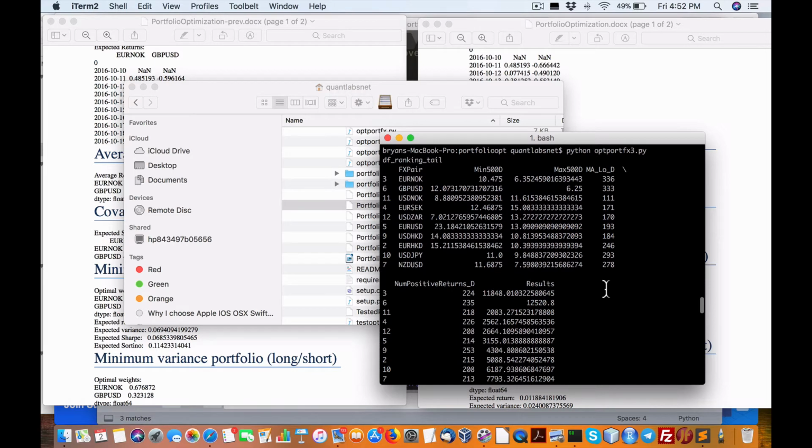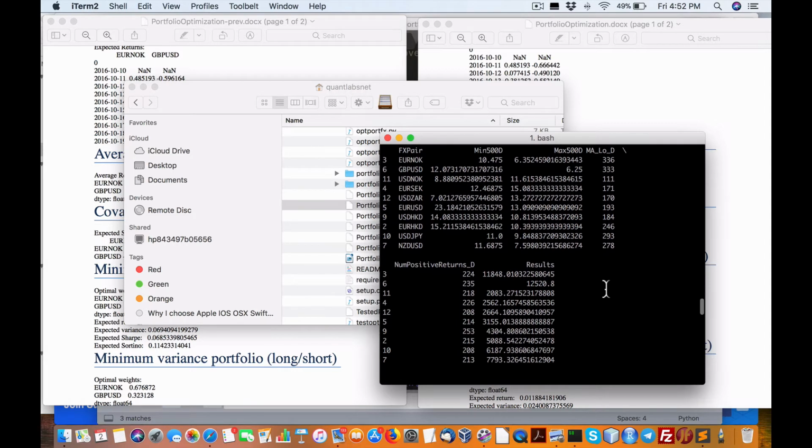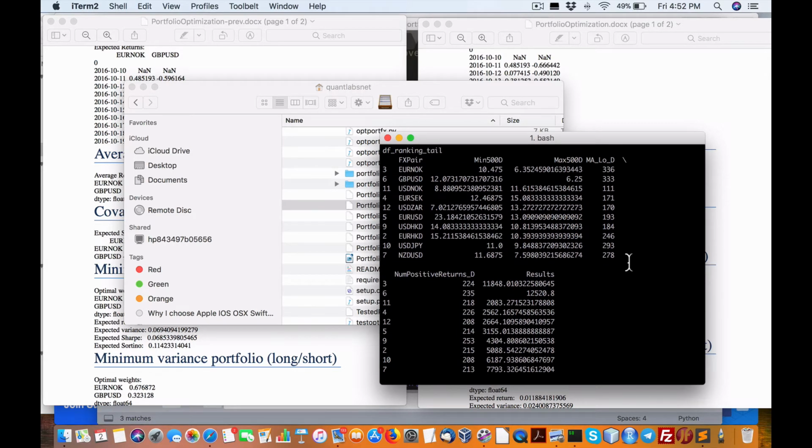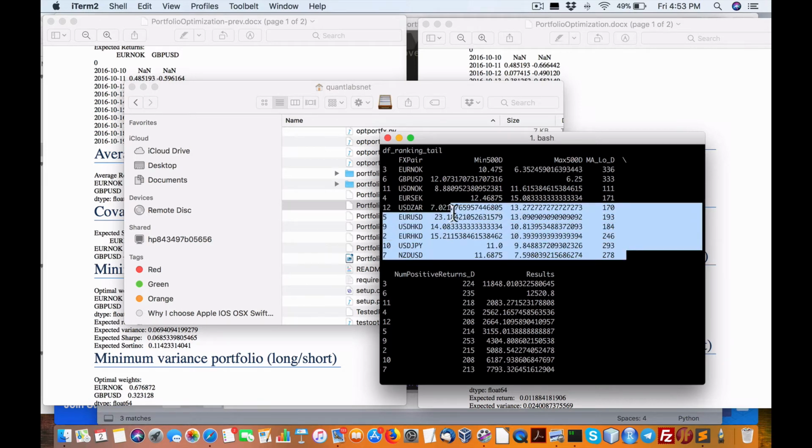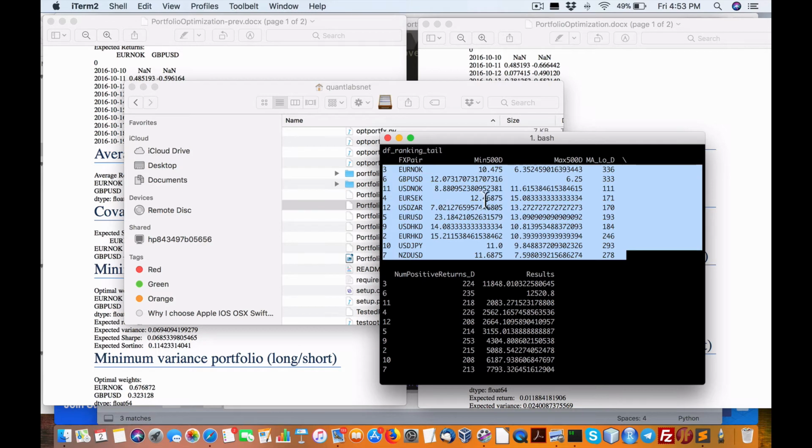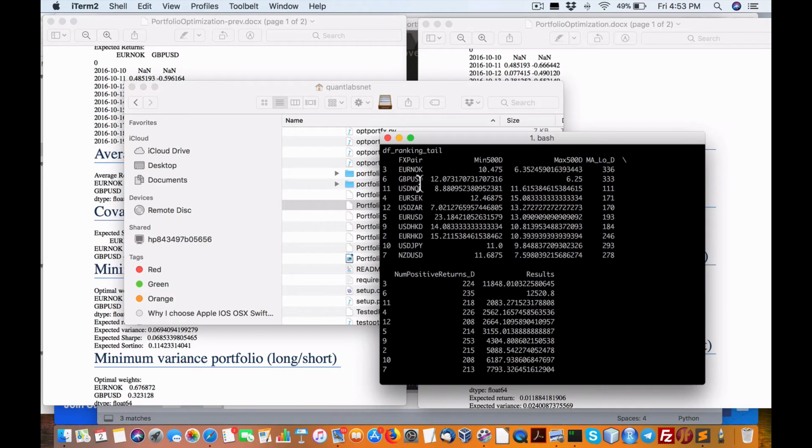My system now has the ability to measure the best currency pairs, and I just wanted to show you something very important. These are the rankings according to a previous script that I haven't shown yet on video.